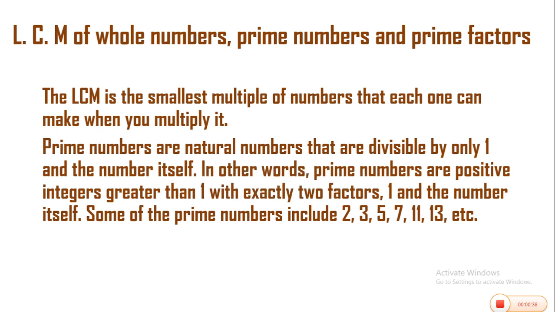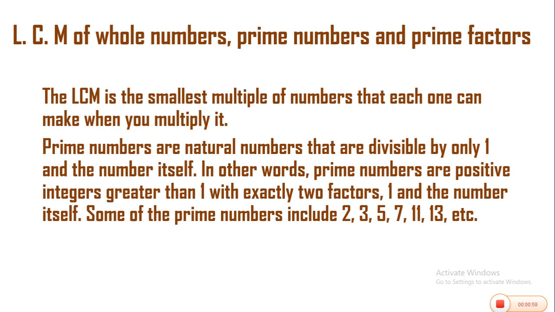Prime numbers are natural numbers that are divisible by only one and the number itself. In other words, prime numbers are positive integers greater than 1 with exactly two factors.